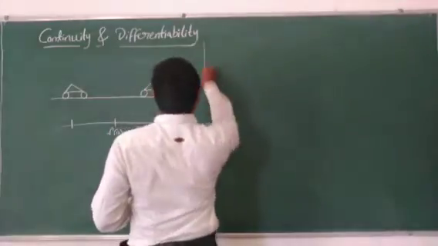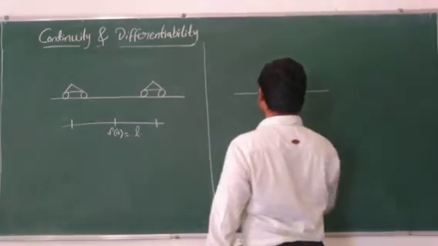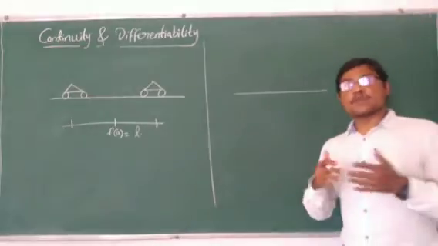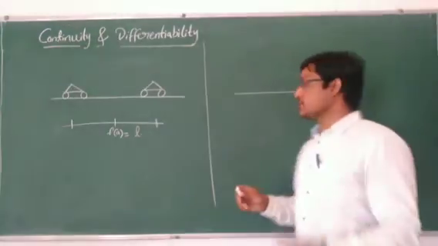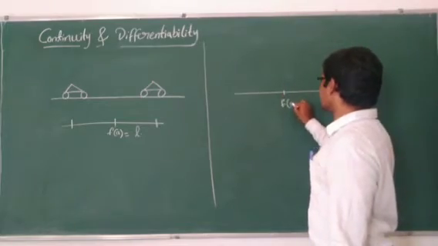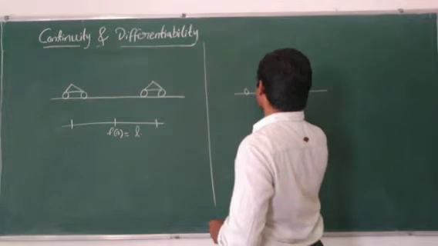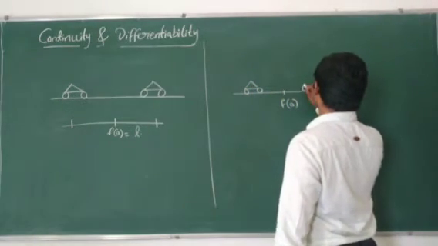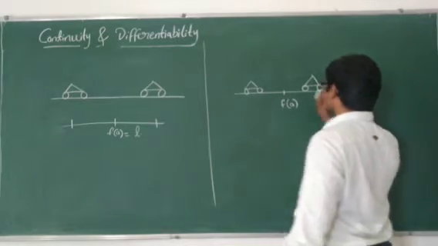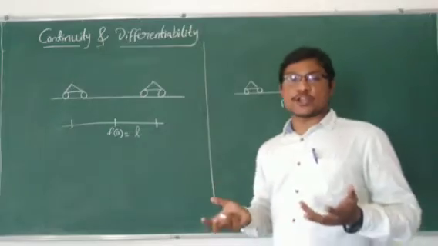But what happens in continuity? In continuity, when you are traveling, instead of meeting anywhere, first you should fix some point. Suppose this is f of a. Again you are traveling, now you cannot meet at any point.